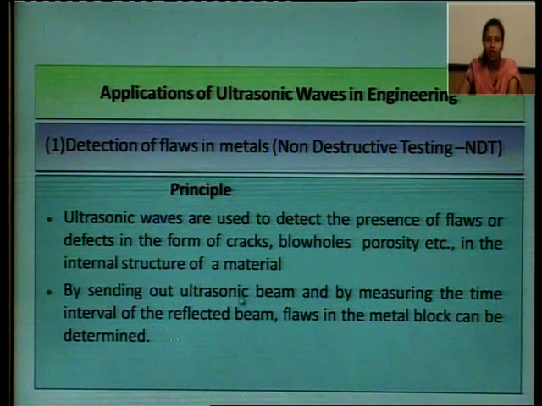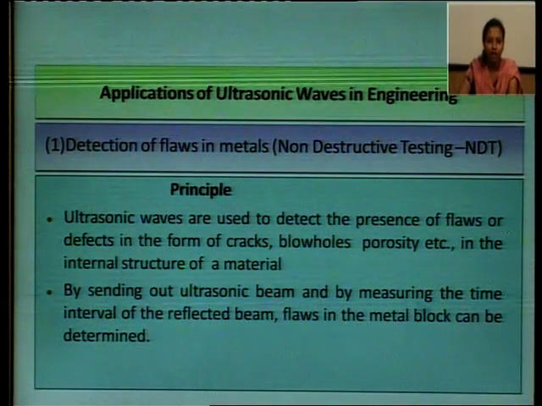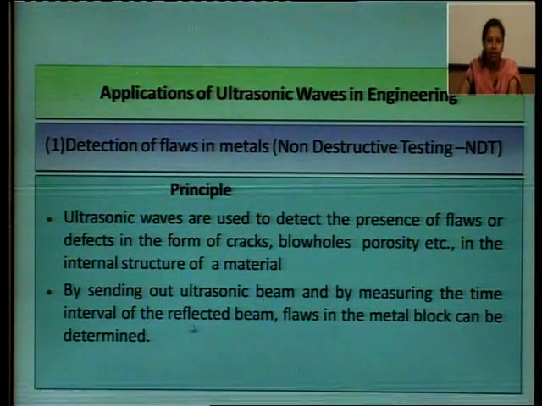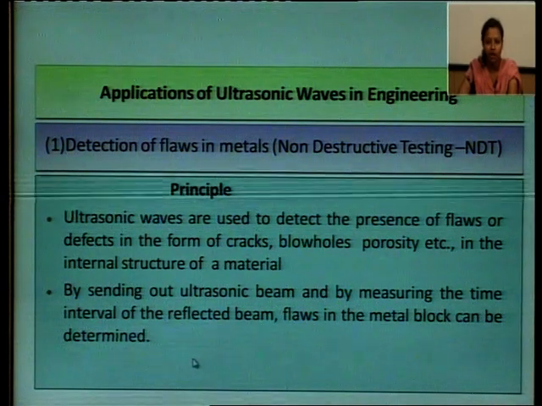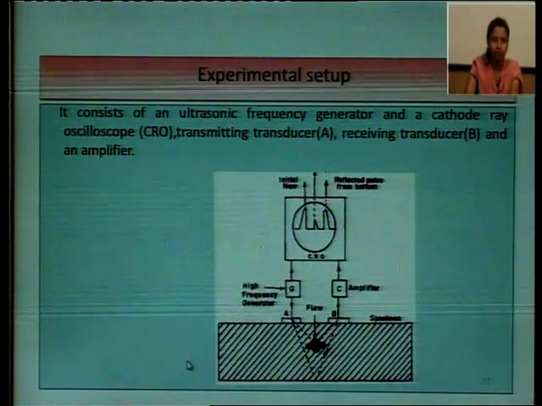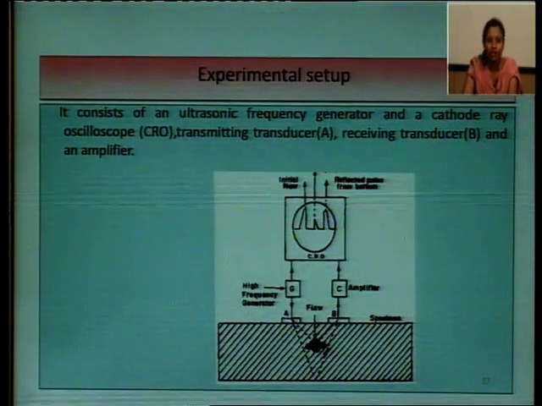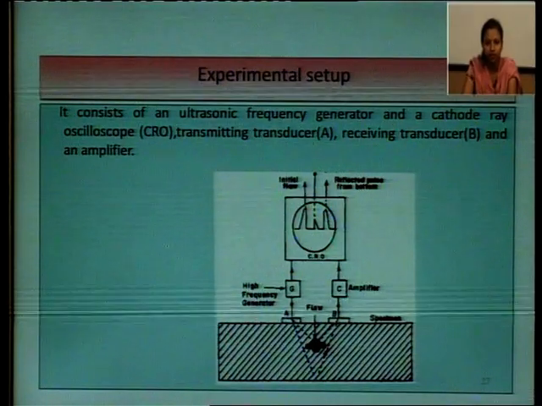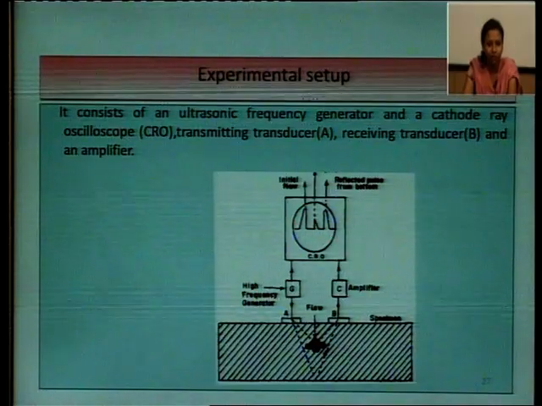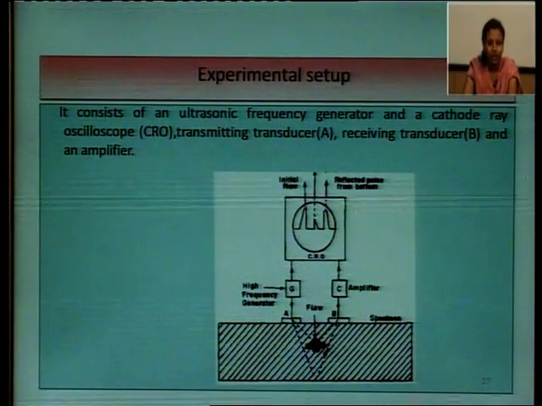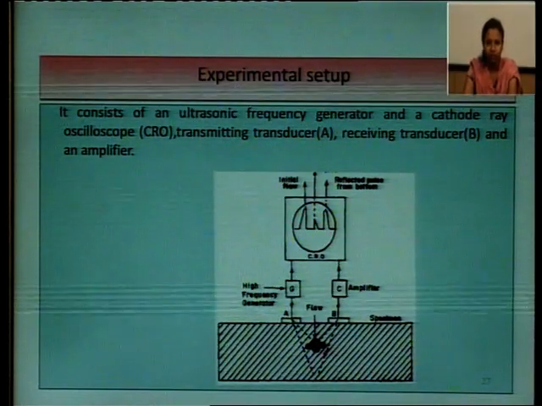By sending out an ultrasonic beam and measuring the time interval of the reflected beam, the flaw in the metal block can be determined. This is how we can easily detect a flaw or defect in any metal. So this is the experimental setup.